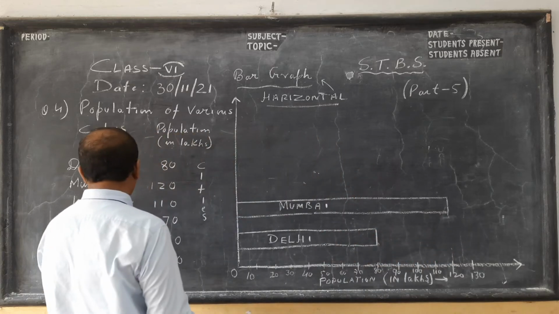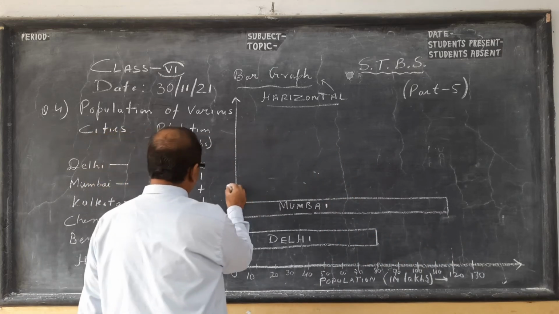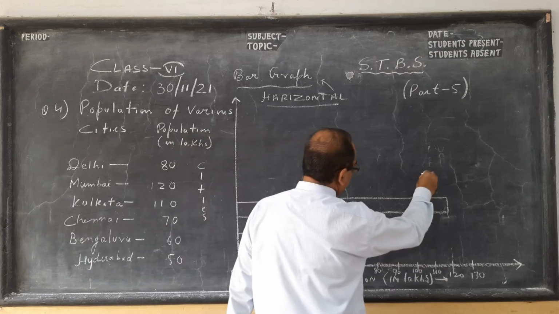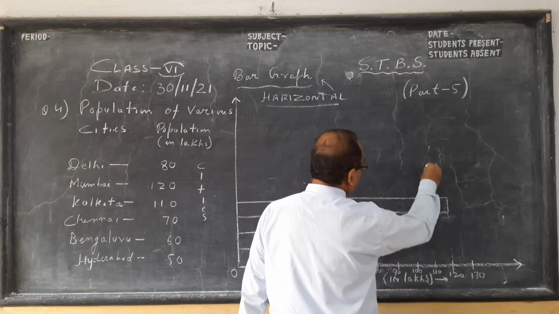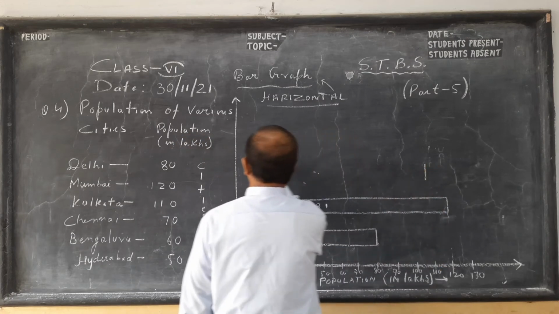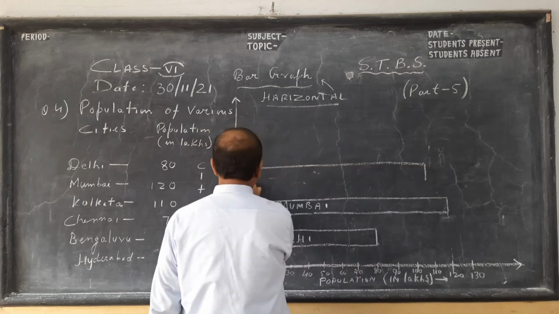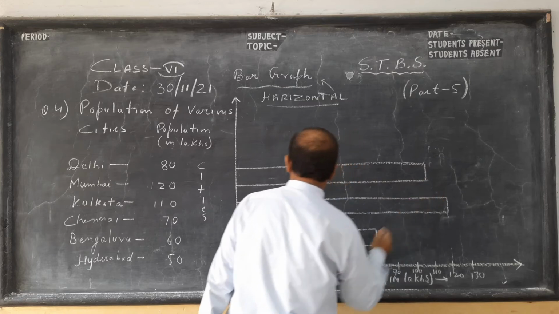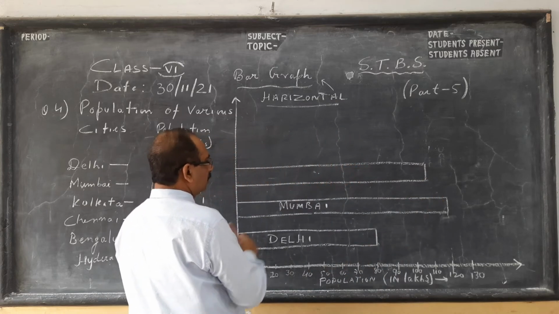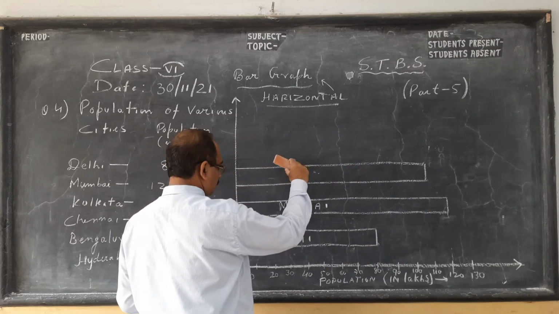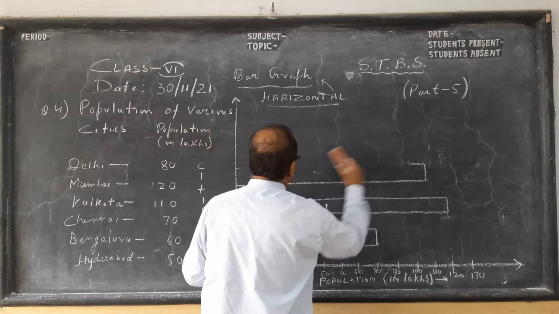Third one, children, is Kolkata, 110. So Kolkata is 110, a little less. Here is my 110. I use another bar for Kolkata. It's a little thick, so I can make it a little thinner.